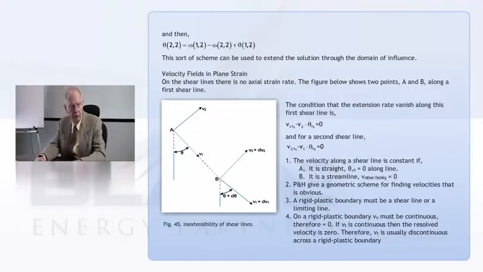On a rigid plastic boundary, you know, the normal velocity has to be continuous. And in the rigid part, it's not moving. So the, if you like, boundary condition for the plastic region is also that the normal velocity is 0.